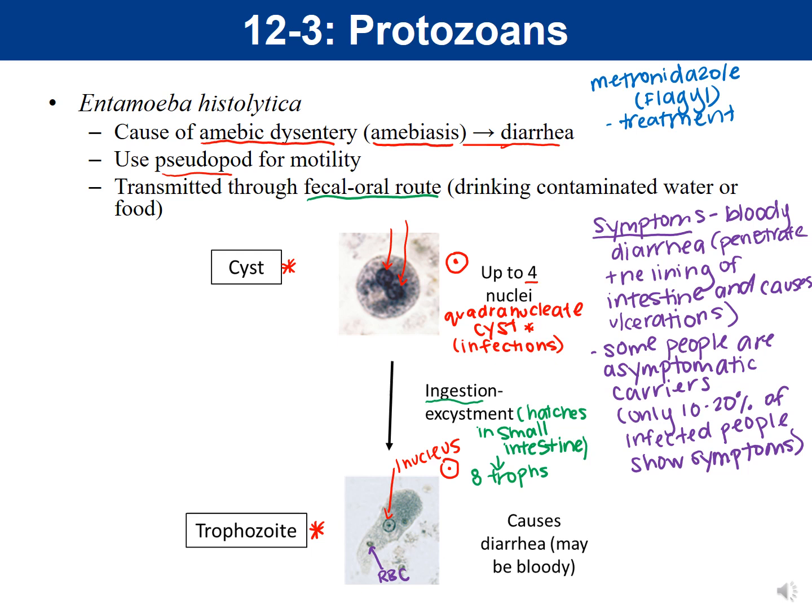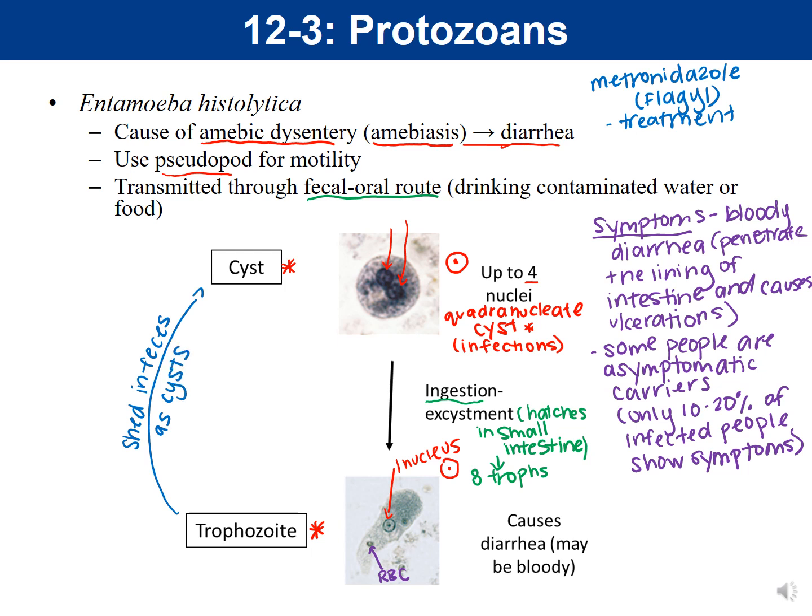When the trophs make their way from the small intestine to the large intestine, the water is sucked out of the intestines, meaning the body is going to reabsorb that water, and they will go back into their cyst form. So the trophs will go back to the cysts and shed in feces as cysts.